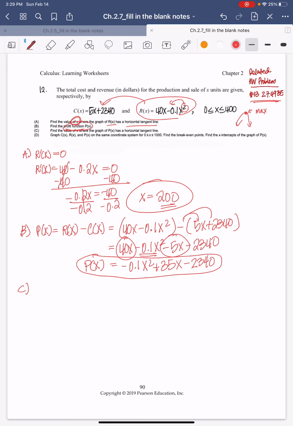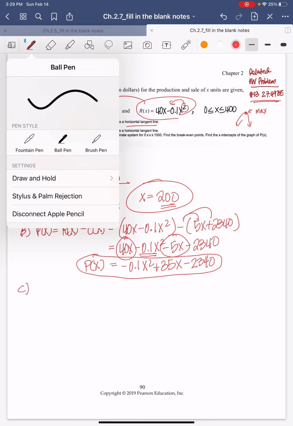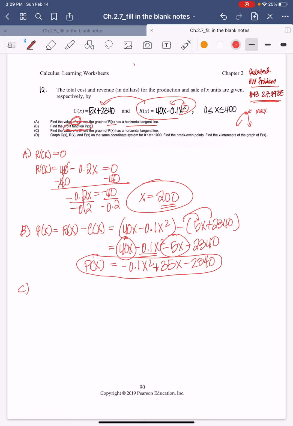So part C is saying find the value of x where P of x has a horizontal tangent line. So this time the problem is asking find P prime of x where it's equal to 0 and I need to find the x value.